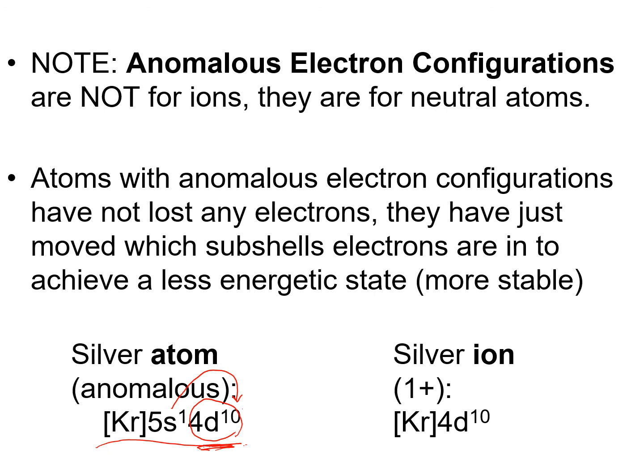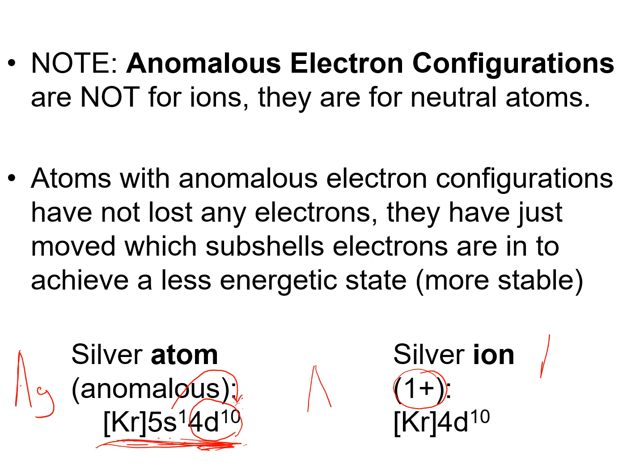This is your silver atom, and it has an anomalous electron configuration, but it still has all of its own electrons. It just moves one from the 5s and puts it into the 4d.